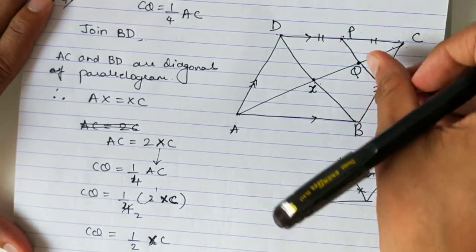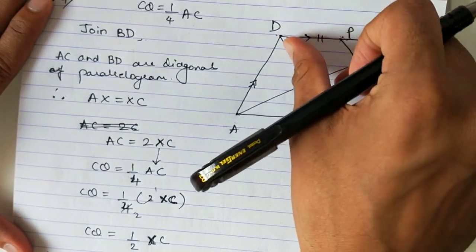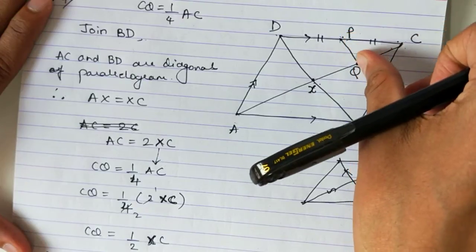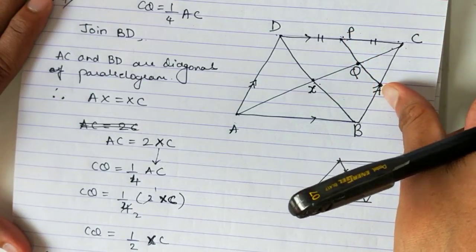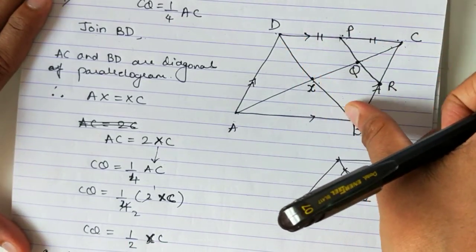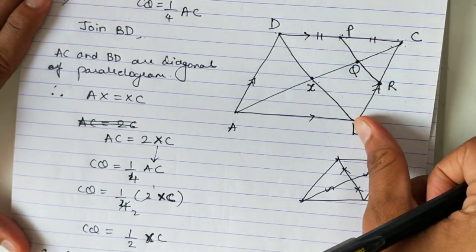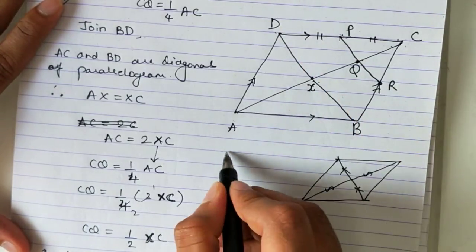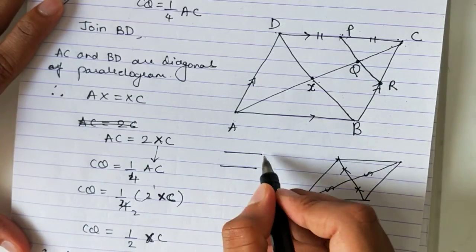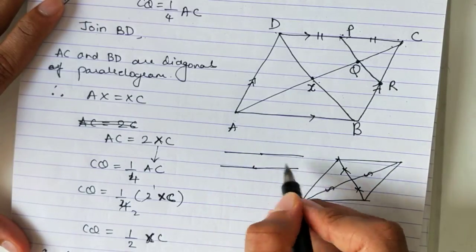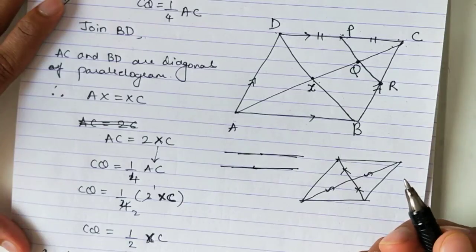Now see, always remember that when PQ is parallel to DX, if I extend PQ it will become PR, and if I extend DX it will become DB. So this PR and DB will also be parallel. Okay, see, if two lines are parallel and I extend them further, the remaining part will also be parallel only.